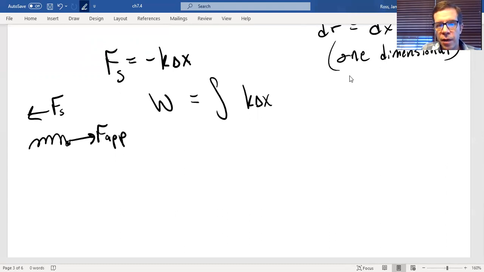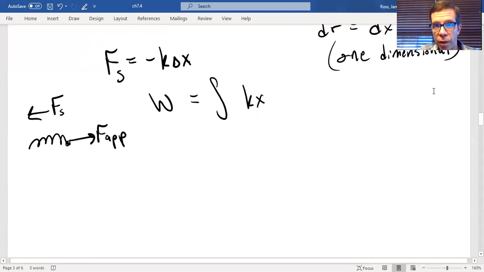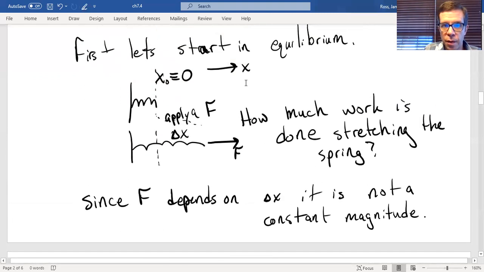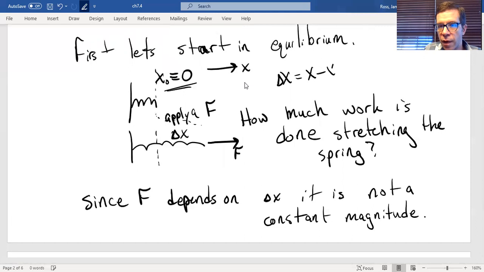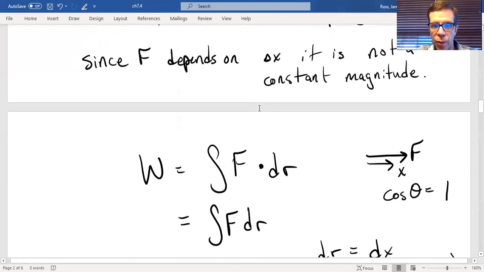So what we have is k delta x, well, just x, because we defined our starting point x naught as 0. So then if we have delta x equal to x minus x naught, that's just x, right? That's why we chose that coordinate system.